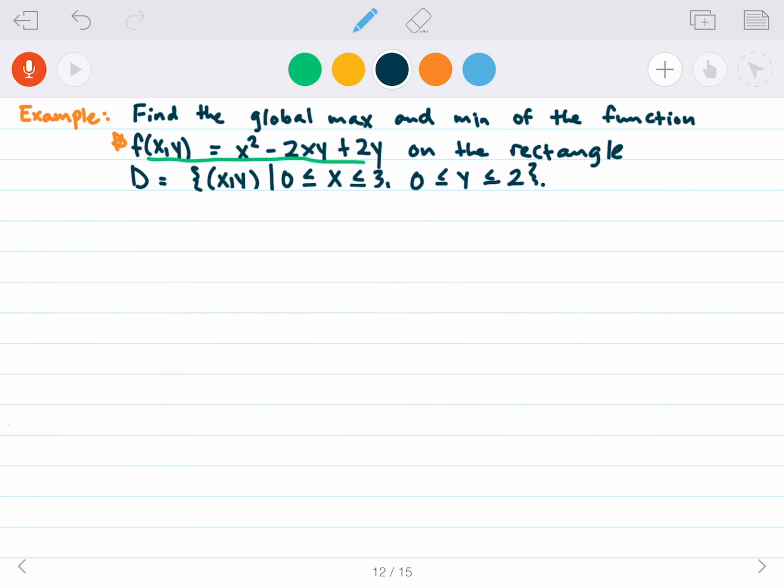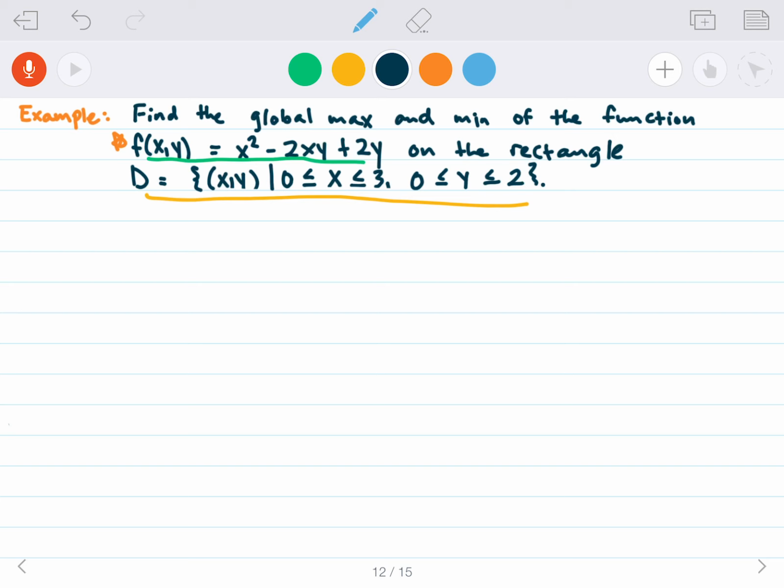So we want to find the global max and min of this function f of xy equals x squared minus 2xy plus 2 on a rectangle. So this is our closed and bounded region. Why is it closed and bounded? Well, if we take a look at what this actually looks like as a sketch, this is going to be a rectangle, right?